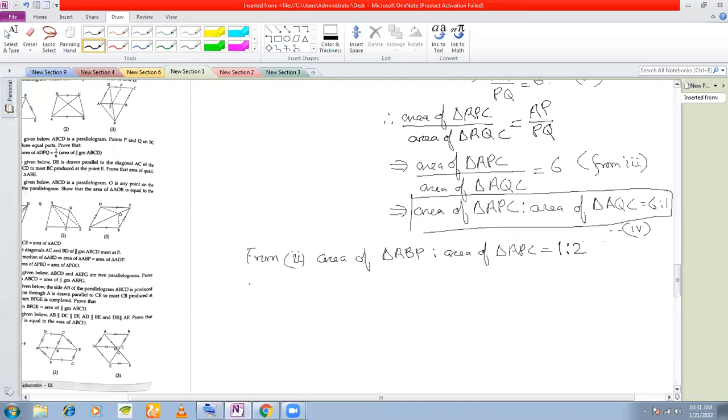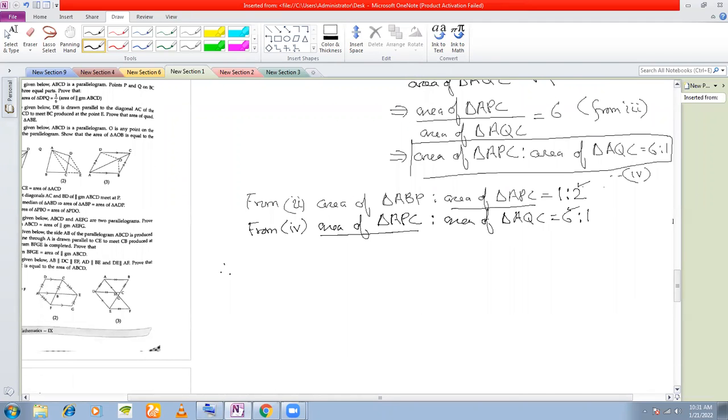Now from 4, area of triangle APC is to area of triangle AQC is equal to 6:1, right? Now see, APC and APC, these two are the same, right? But here the quantities are different. So how do you make this ratio equal?